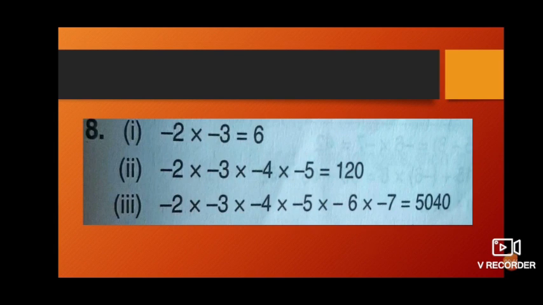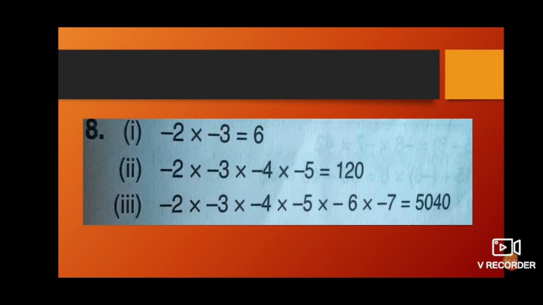So the result is plus 120. So what we can conclude is, if we multiply an even number of negatives, then the result will get a positive sign. For example, if I multiply 4 negatives, I'll get a positive sign for the result.